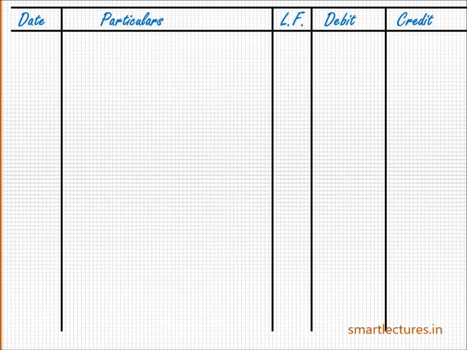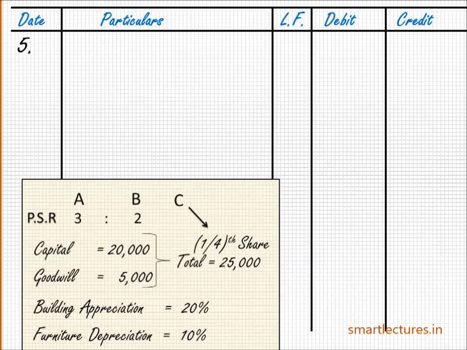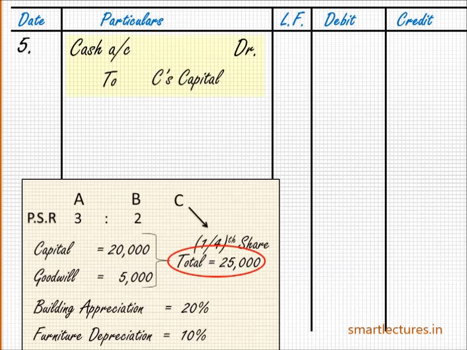Next journal entry. Now the new partner is coming. So I'm going to assume that before the admission of new partner, all entries we have to pass, we have done it. Now the new partner is coming with rupees 25,000. So cash account debit to C's capital 25,000 rupees.